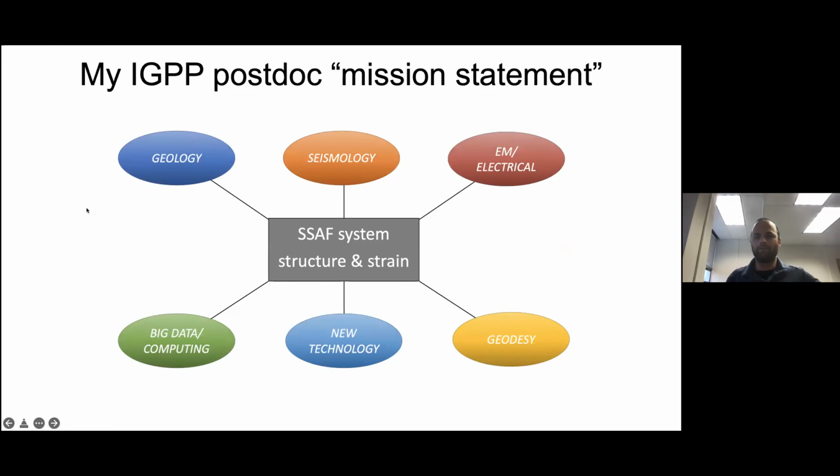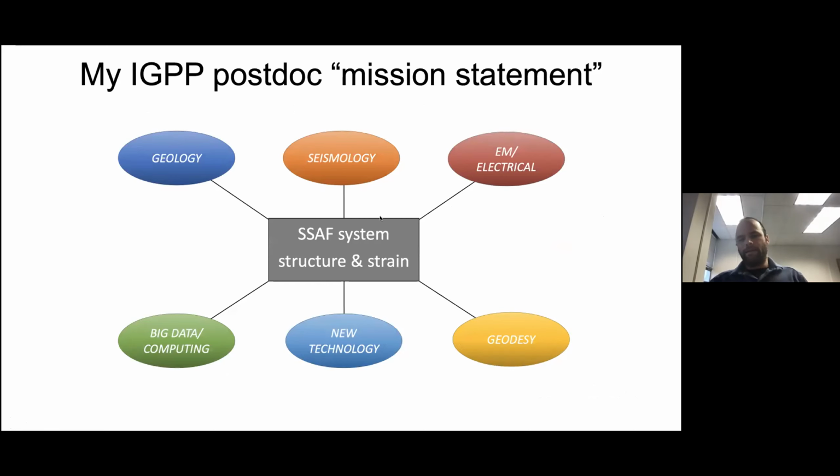So my mission statement when I started the postdoc at IGPP was to do exactly this: to focus on the nature, structure, and strain of the southernmost San Andreas fault system, using a variety of tools. Geology, seismology, EM, geodesy, none of these need an introduction for the crowd today.